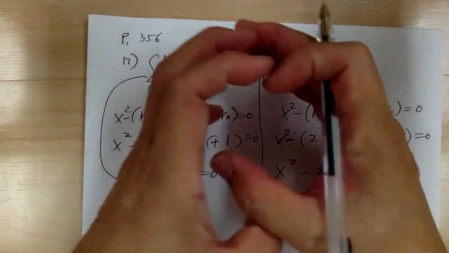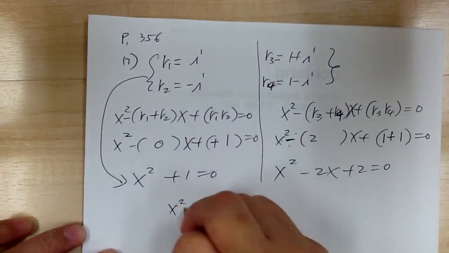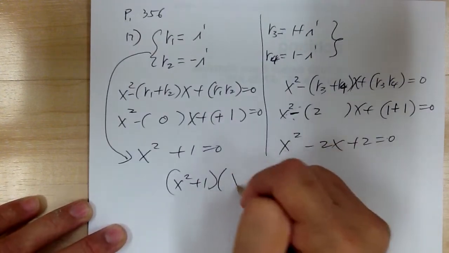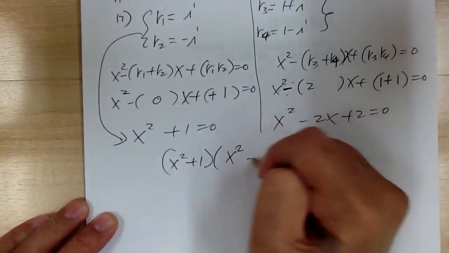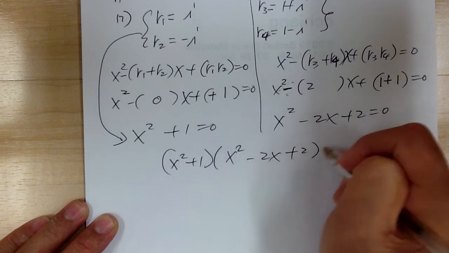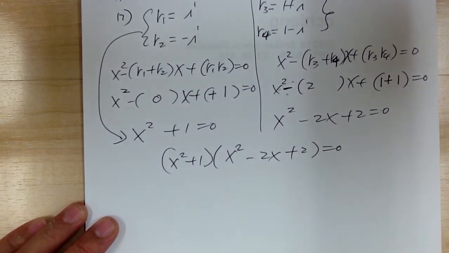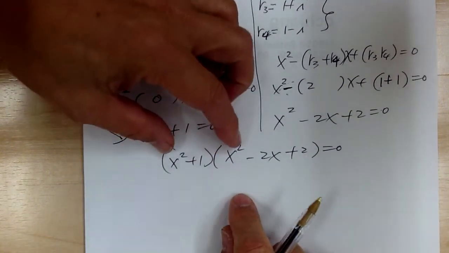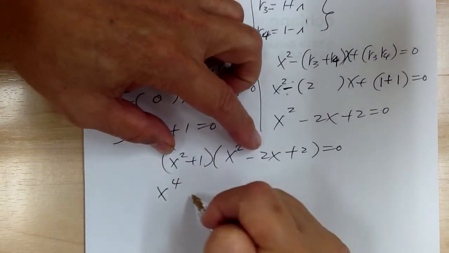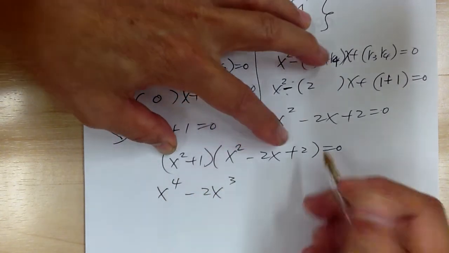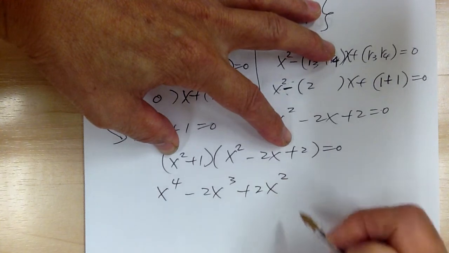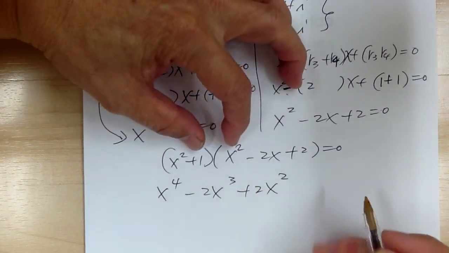So now you're going to combine them together. So you're going to get x squared plus 1 times x squared minus 2x plus 2 equal to 0. Okay, and then after that, you're just going to distribute. So you're going to get x to the 4 minus 2x to the 3 plus 2x squared. Okay, so we're done with this one. Now multiply this one.